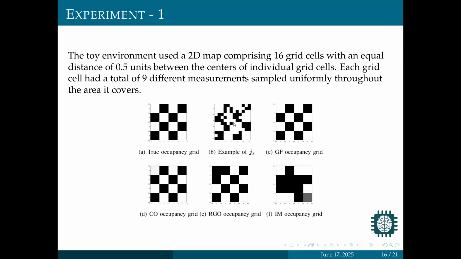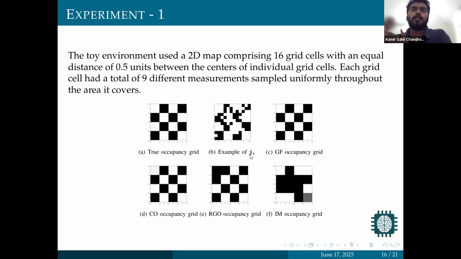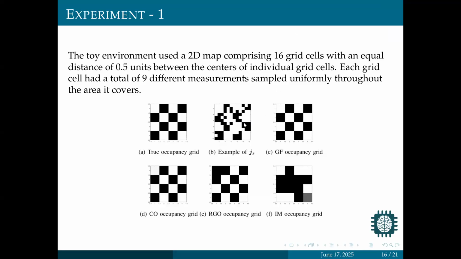So this is one JS, and a series of that is put into the detector, what's detected with some noise, right? And the GF is the full general formulation, and this is the occupancy curve that it predicted.